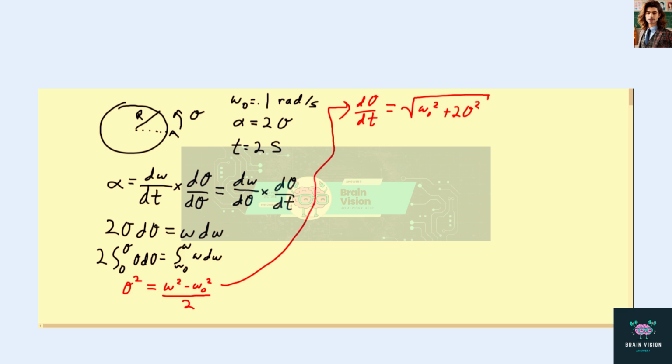And we can move the thetas to one side of the equation and the time to the other side. So when we do that, we have dt equals d theta over the square root of 2 theta squared plus omega naught squared.